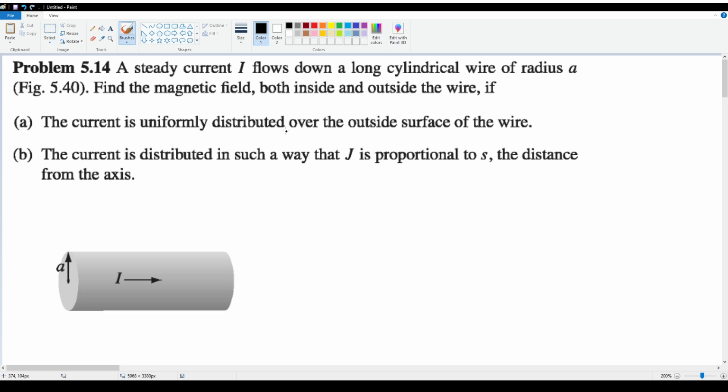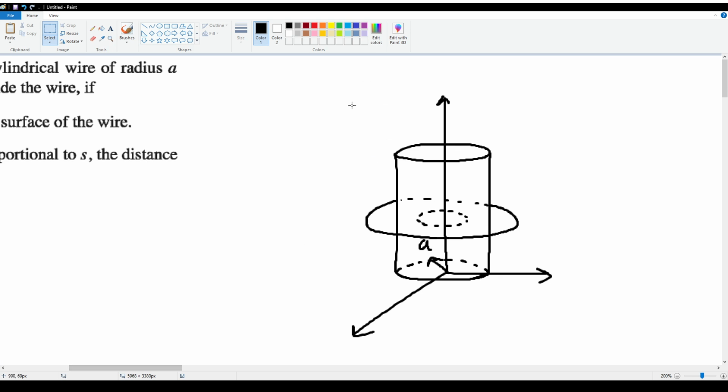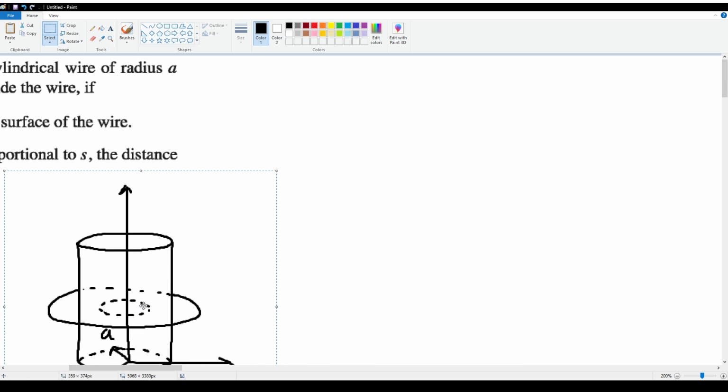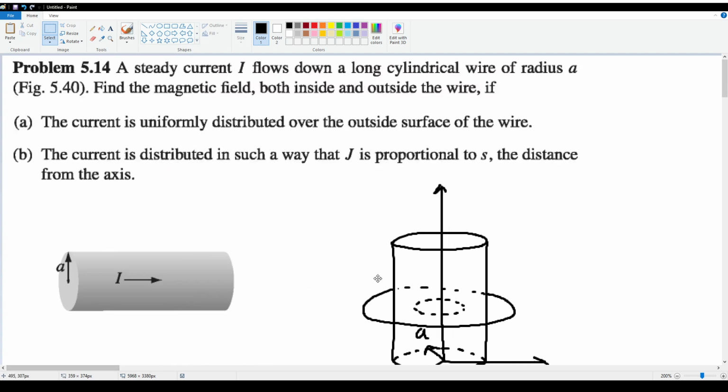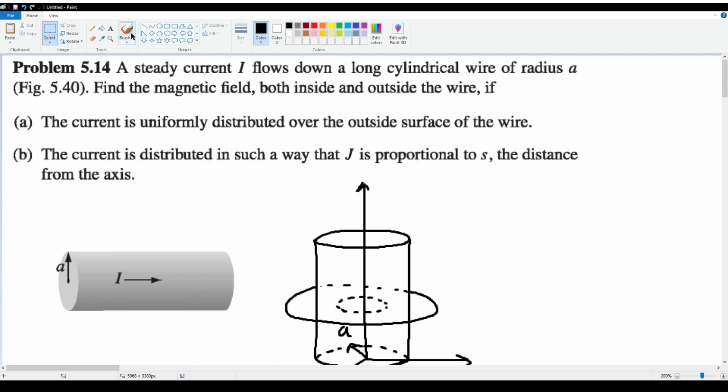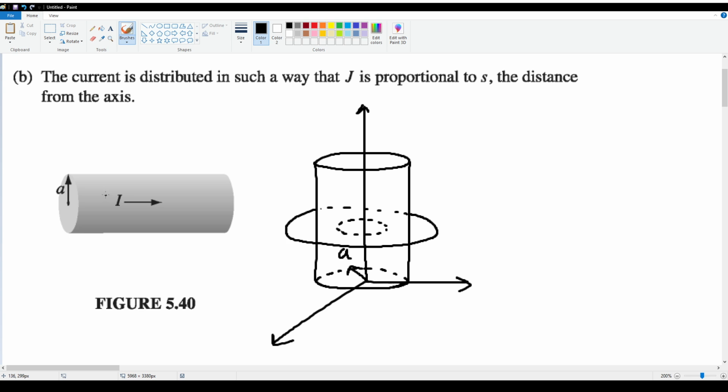So we'll first set this problem up. I've drawn separately here a different orientation with sort of what we want to do here. But basically, we want to create two Amperian loops, one inside and one outside of this cylinder.